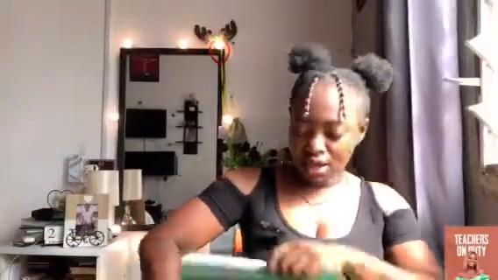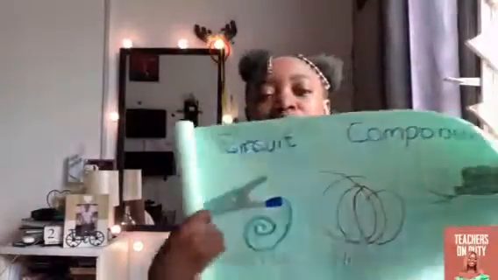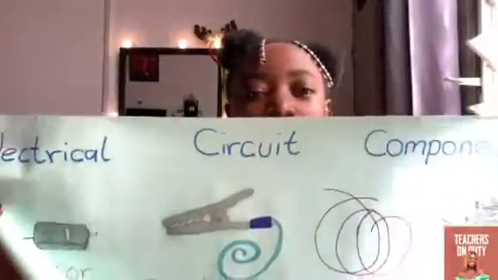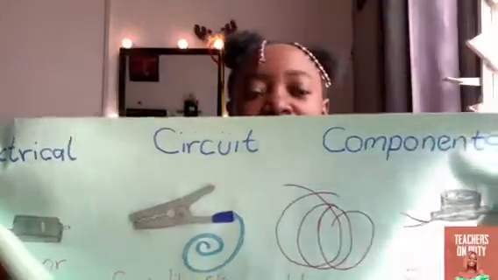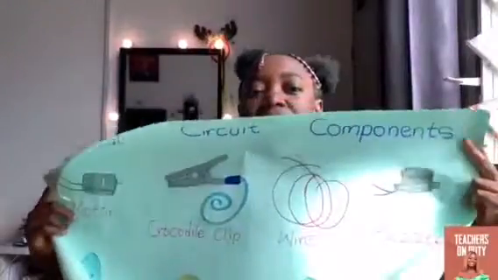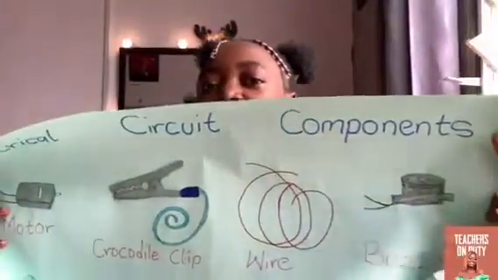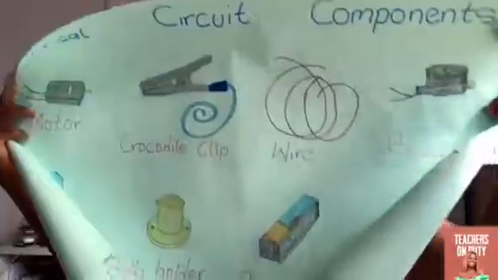And this one. Oh yeah, this one too is the components of the electrical circuit. I'll be using this one too this week. So we have the components there, you know, the wire and things.